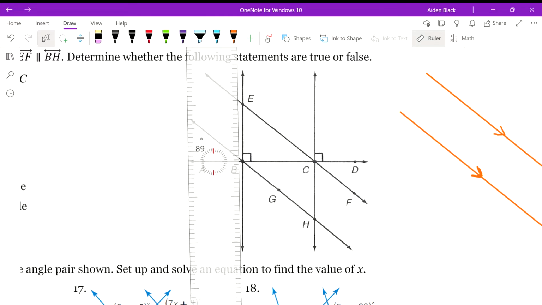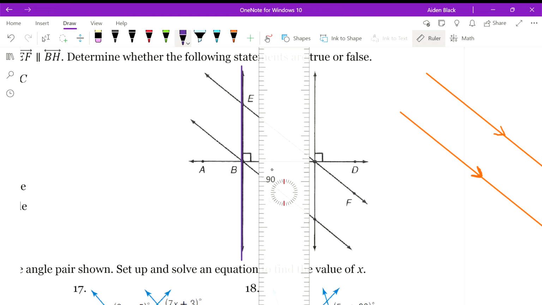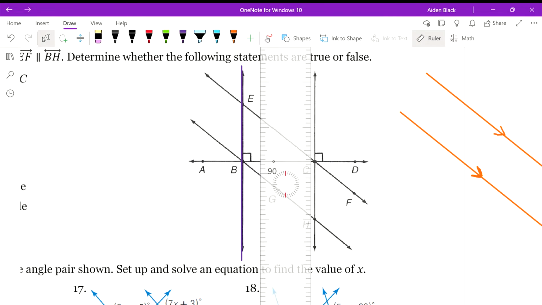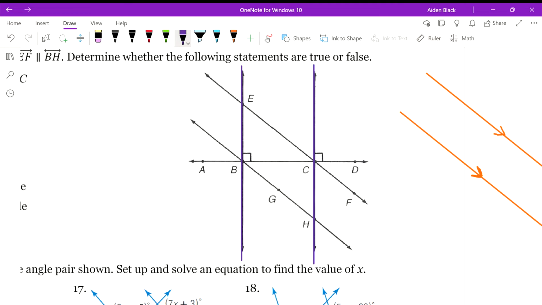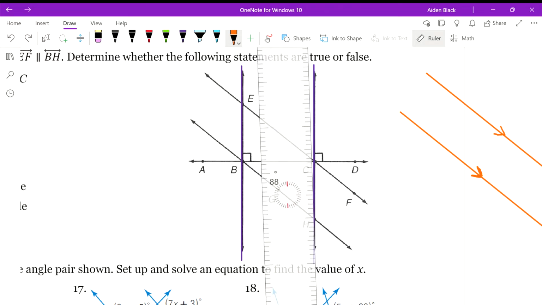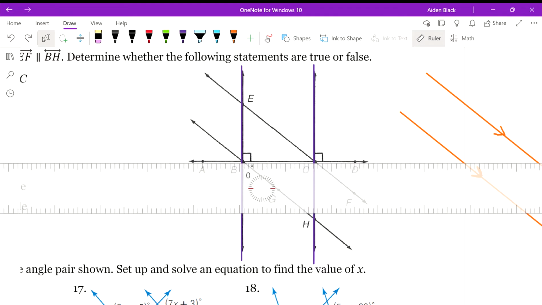We don't know that line EB and CH are parallel just yet. They don't state that they are, and they don't give us the arrows to indicate it. But what you'll notice is we have a transversal right here. We'll call it AD.